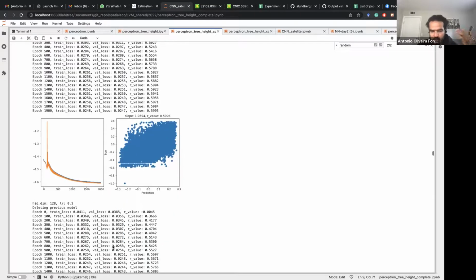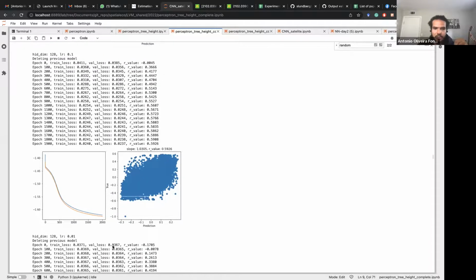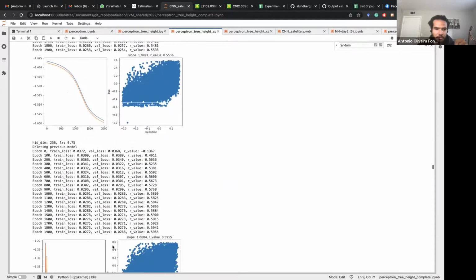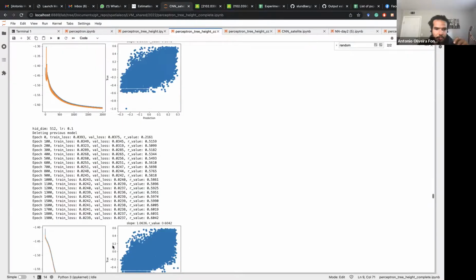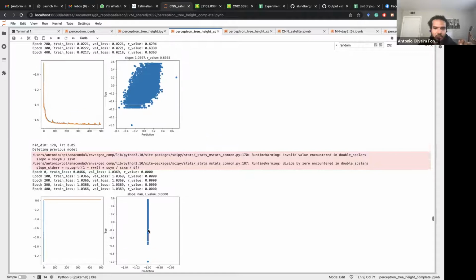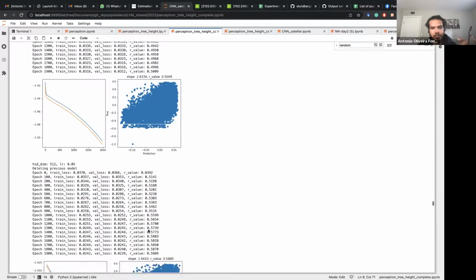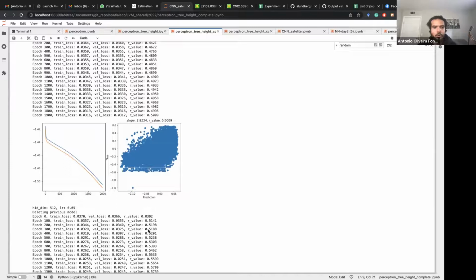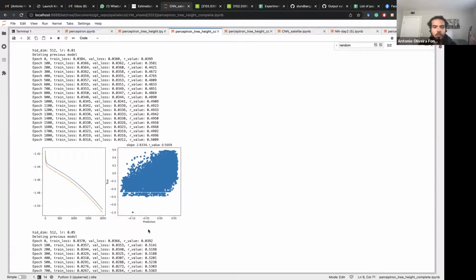But if the loss function is complex and you use a very large learning rate, you might get something really bizarre. Let me see if I get one that's really bad. Like this, you see the loss is completely broken. And look at the output. It's not even a number. Everything is being projected to one single point. So I hope you also got to observe that the learning rate conditions a lot the way you approximate the minimum of the loss.